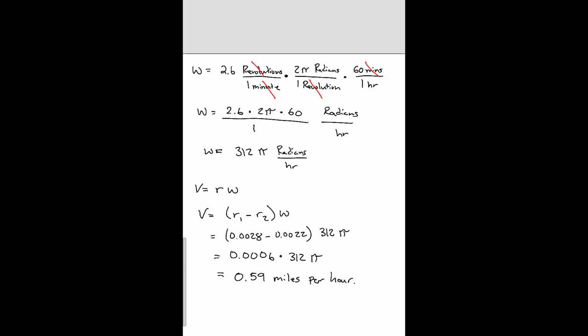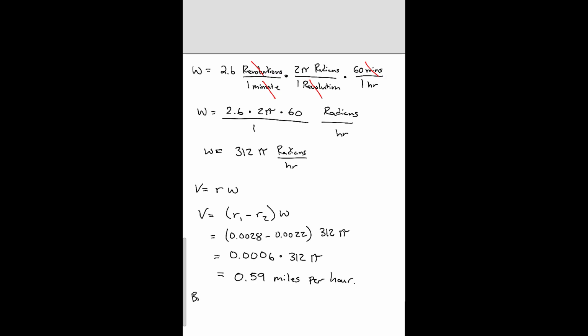All right, and that should be your final answer for this particular problem. So basically what we can say is that Brett's linear speed is approximately 0.59 miles per hour greater than Will's.